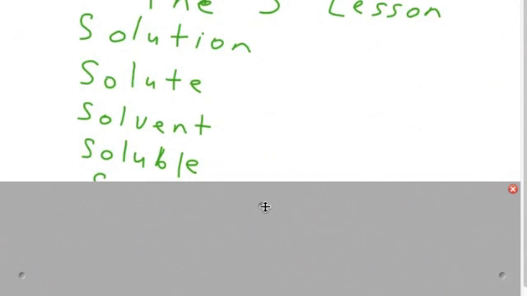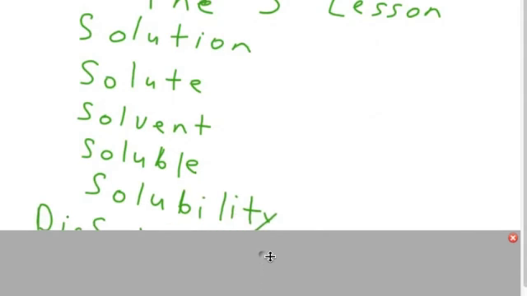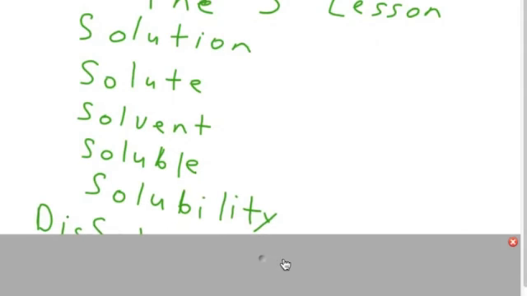So that's what soluble means. Our next term is a little bit different than soluble. It's solubility. All right. I'm going to give two definitions of solubility. First definition is the ability to dissolve. Solubility is the ability to dissolve. So in other words, examples of solutes are salt and sugar.